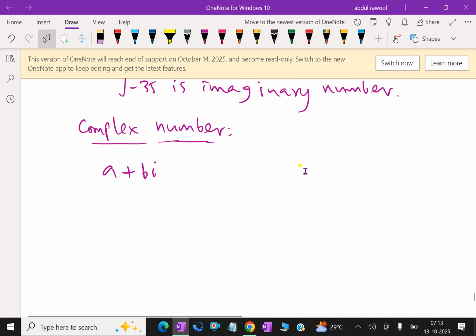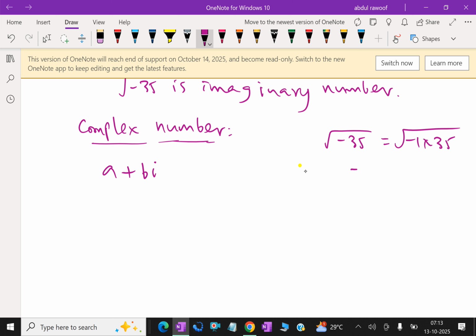Root of minus 35 can be written as the square root of minus 1 into 35, which is the square root of minus 1 times the square root of 35.